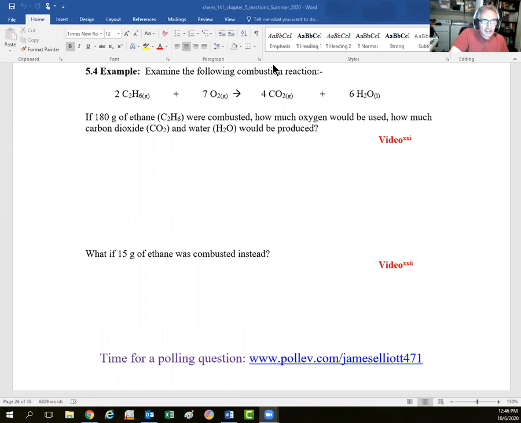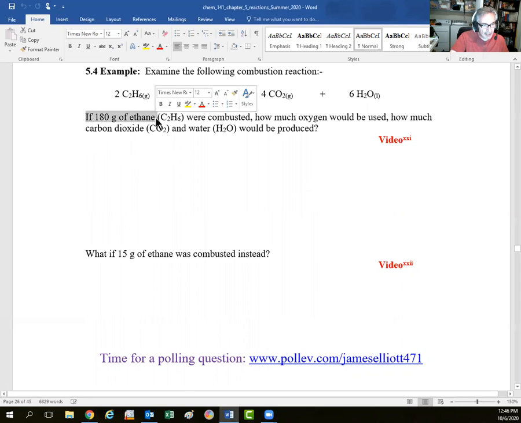So we are looking at the stoichiometry problems, these balanced equations with mass amounts of each chemical and translating the amount of chemical used into other reagents and how much product is produced based on the molar quantities in the balanced equation. Now we've done this first one with 180 grams of ethane.